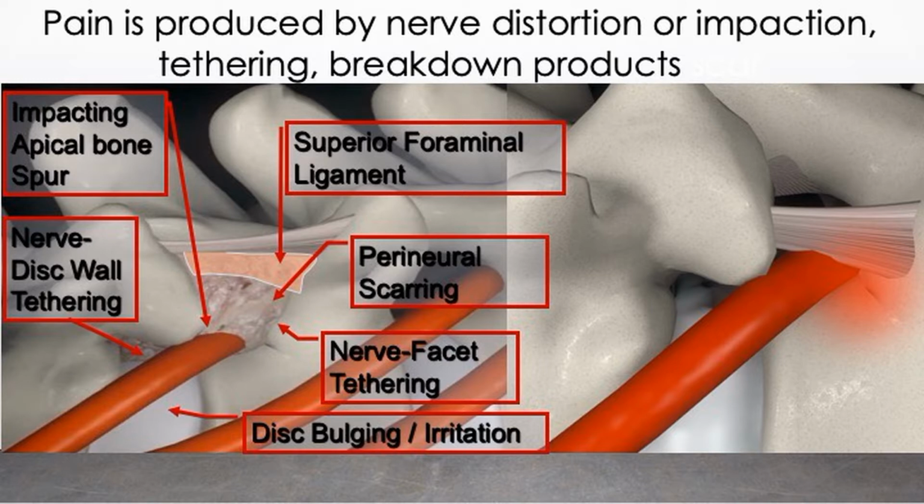As disc degeneration occurs, the disc loses mass and the disc wall bulges and weakens. This may result in a significant outpouching or disruption of the wall, allowing the contents to disrupt or squeeze out into the spinal canal, all serving to irritate or compress the nerve.